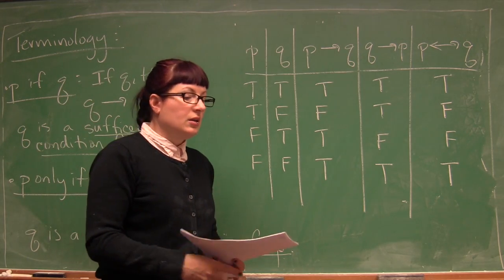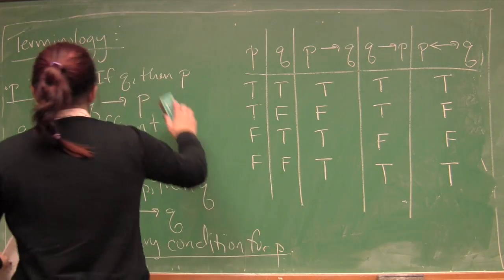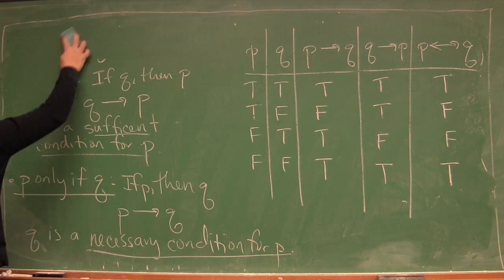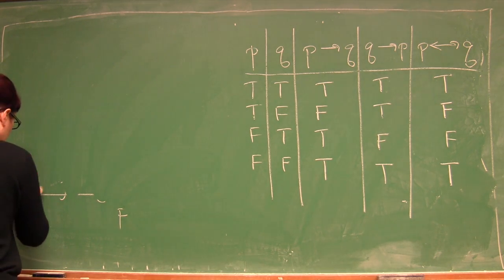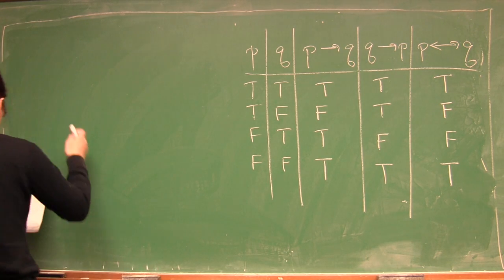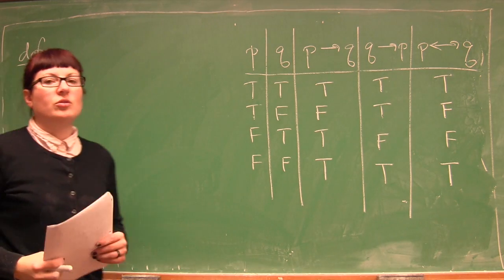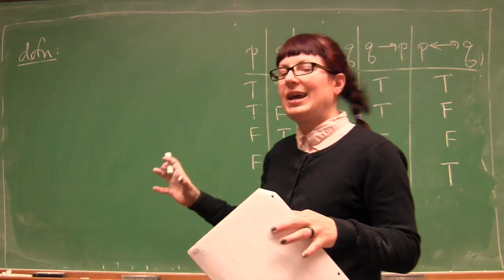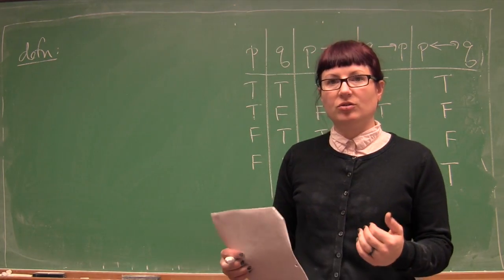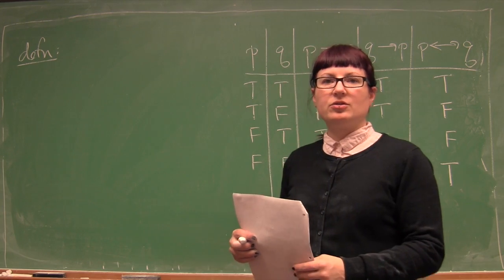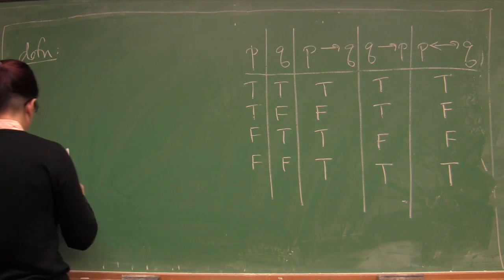So now I'll give you the definition of the term logically equivalent. When two propositions have the exact same truth values, regardless of, depending on the logical values of P and Q, then we call them logically equivalent. So let me be a little more specific about that.